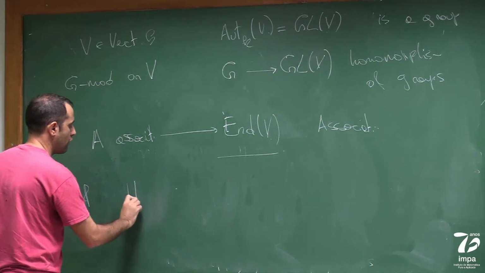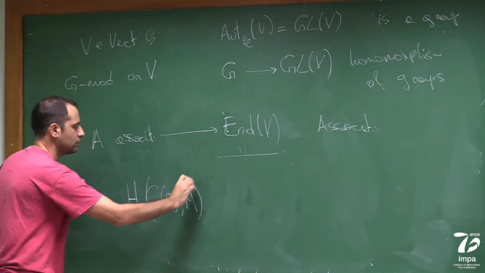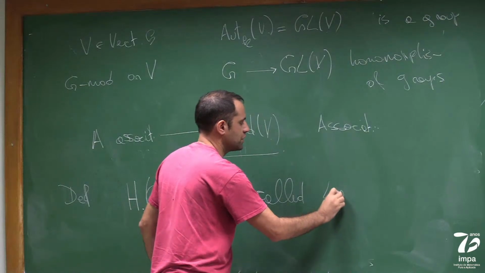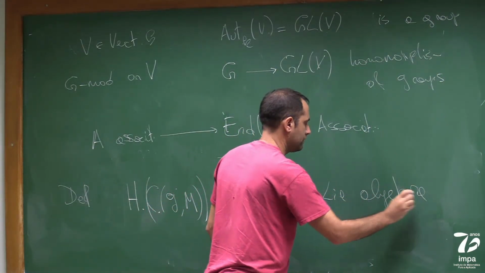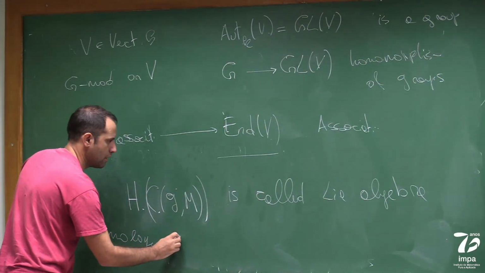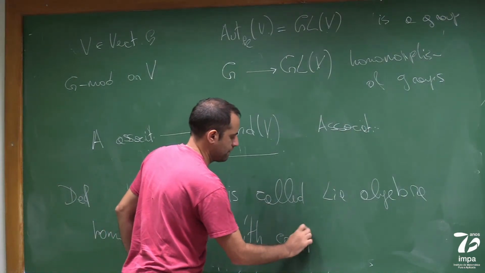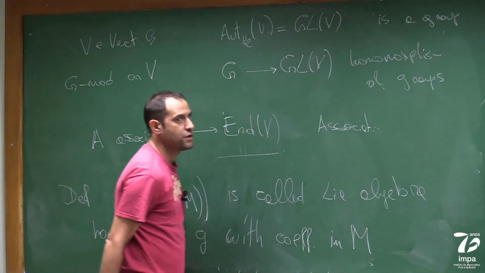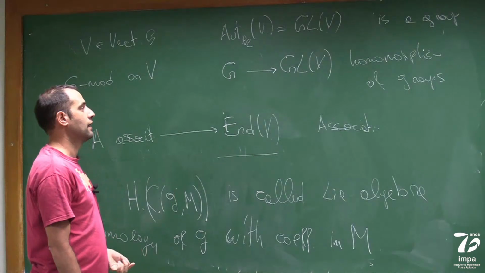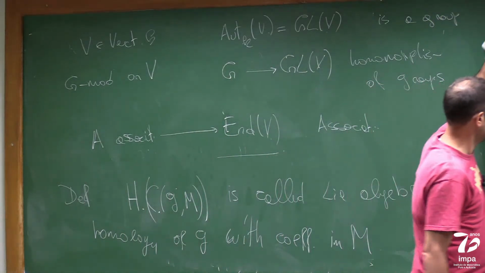The homology of that complex that was built out of G and M is called the Lie algebra homology of G with coefficients in M. And you can do something very similar for group homology with coefficients in a module V, or for associative algebra homology with coefficients in a module M. And we're going to do those.